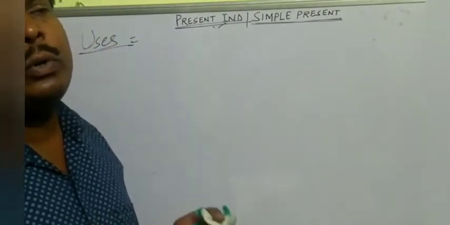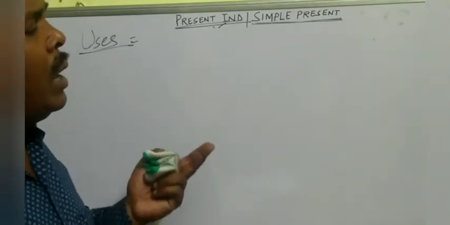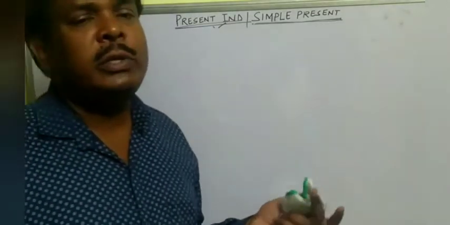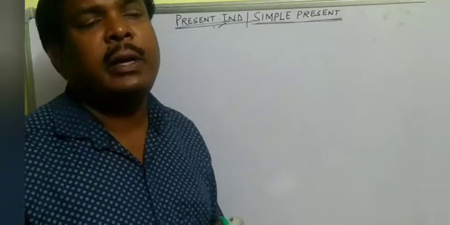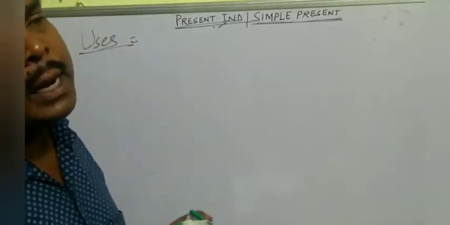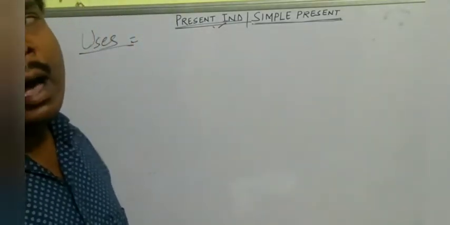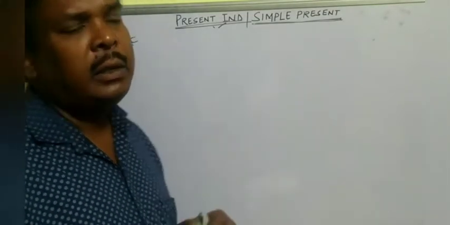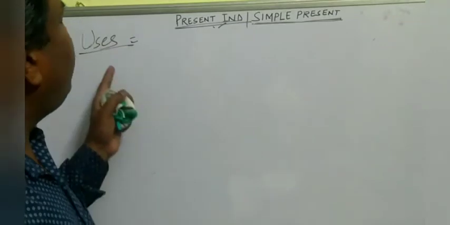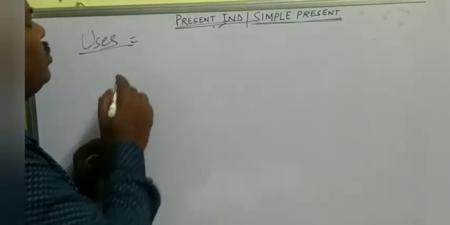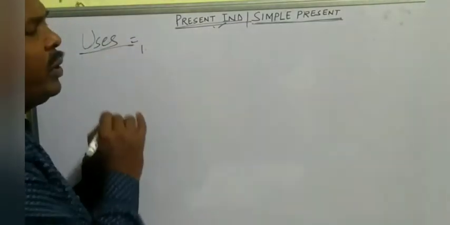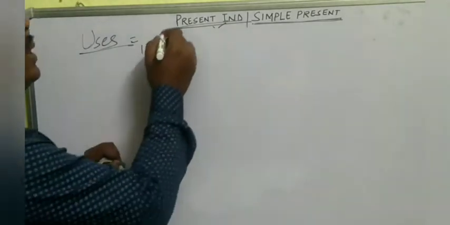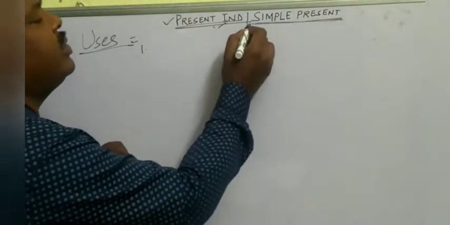Now I am going to tell you which sentences are expressed in present indefinite. So let me first tell you about the first use, where we shall use present indefinite or simple present.